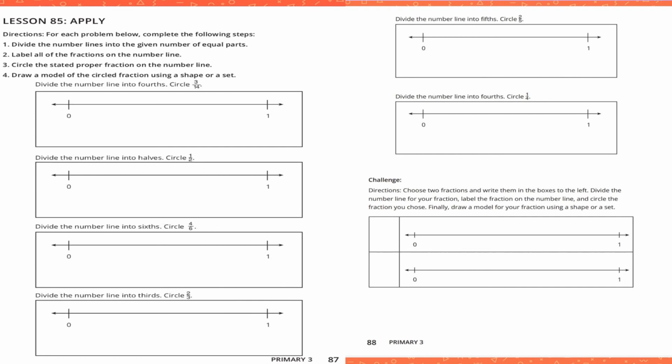Fourths, it means how many equal parts? Yes, 4 equal parts. And circle 3 over 4, not 1 over 4, it's a mistake. 3 over 4. So, the first step, you should split this number line into 4 equal parts by making how many dashes?